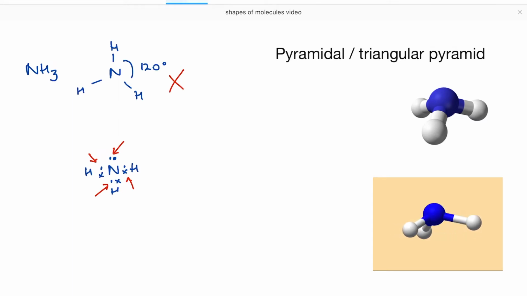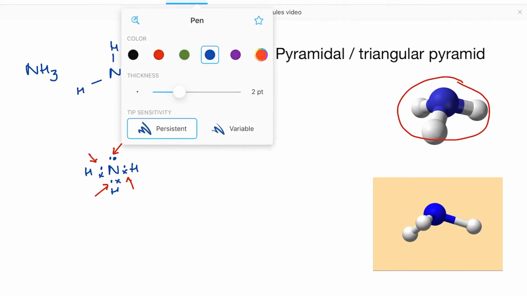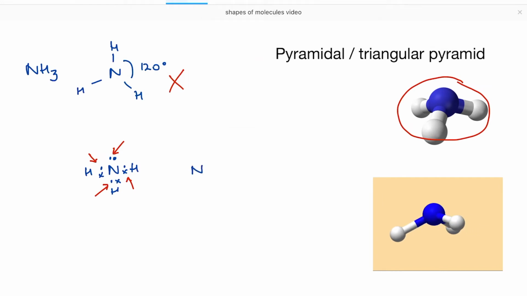So this is going to form exactly the same structure essentially as methane, the tetrahedron, except that one of my bonds is a lone pair, so it looks as though it's missing. Hence we end up with this pyramid shape here. So in terms of drawing that, we've got the nitrogen, 1 hydrogen coming out, 1 in the plane, 1 going back.